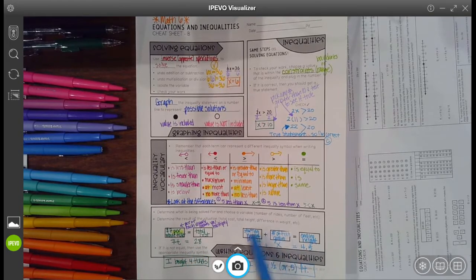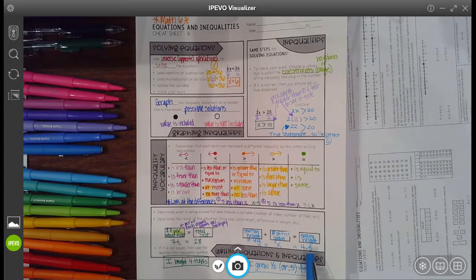Okay, for this one, I was able to add something. So since they gave me the idea of height, I started at 4 feet. Then I grew some number of feet, and I ended at 4.5. So doesn't it make sense that your starting plus however many grew equals your ending height? So then I plugged in, okay, I started at 4. They didn't tell me how many feet I grew, but they told me that I ended at 4.5.